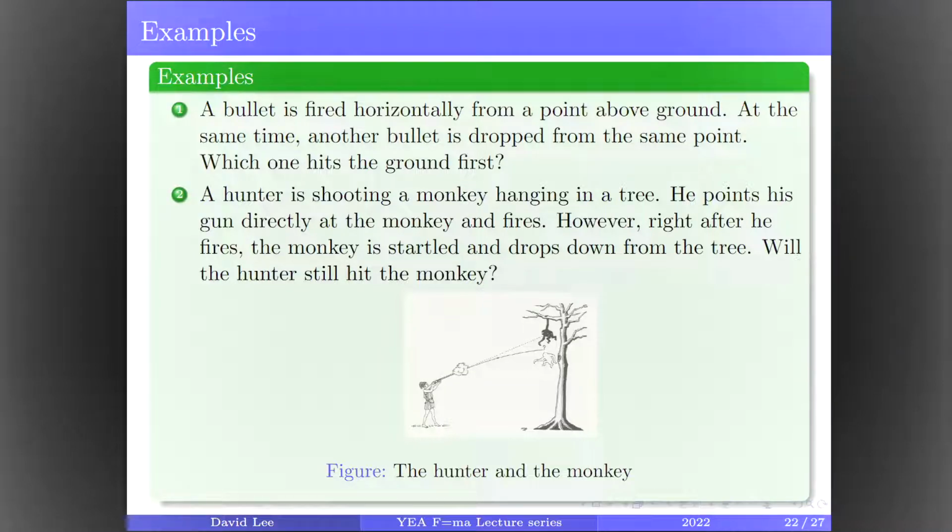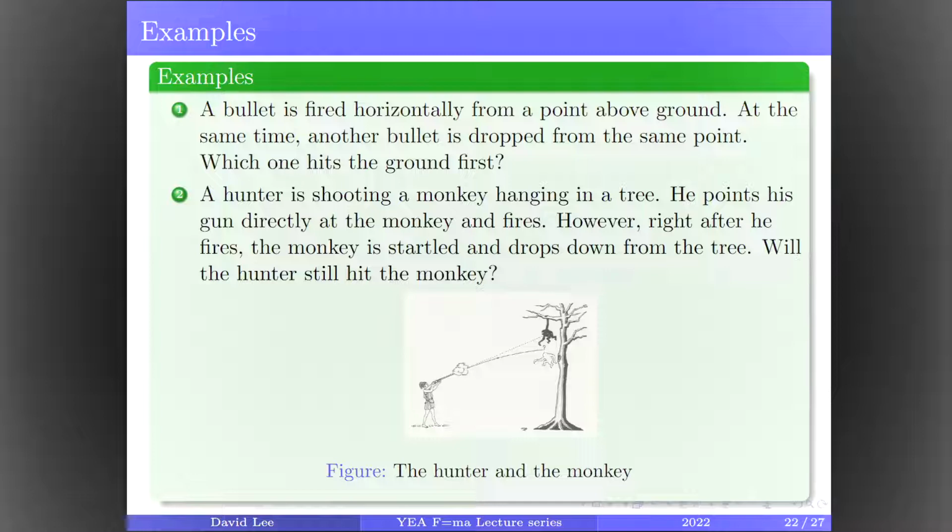The second one is a similar problem. The hunter will hit the monkey. This is because if the monkey didn't drop, the bullet would have fallen slightly due to gravity.